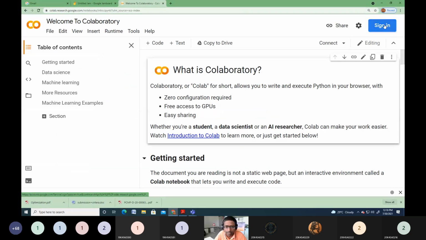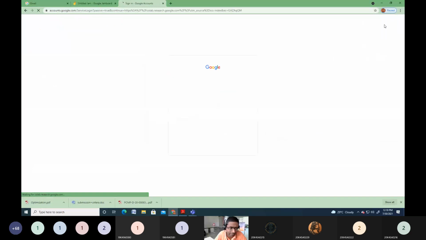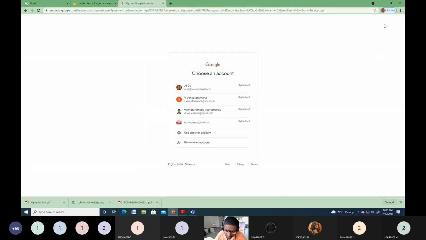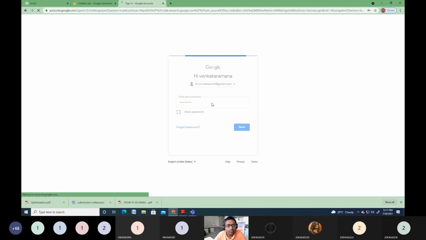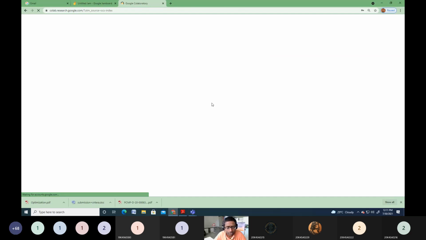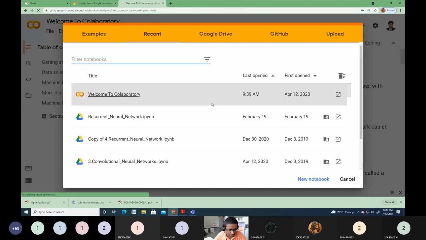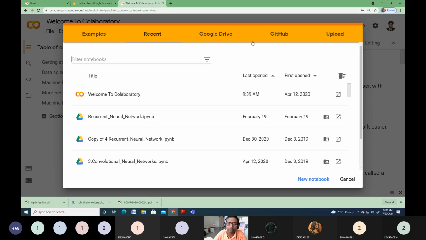You can sign in with any Gmail account. I am using one of my Gmail accounts, dr.weaver.research. So just log in to Google Colab using any of your Google or Gmail accounts.